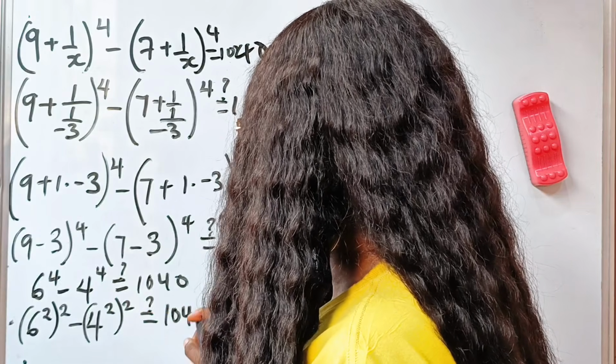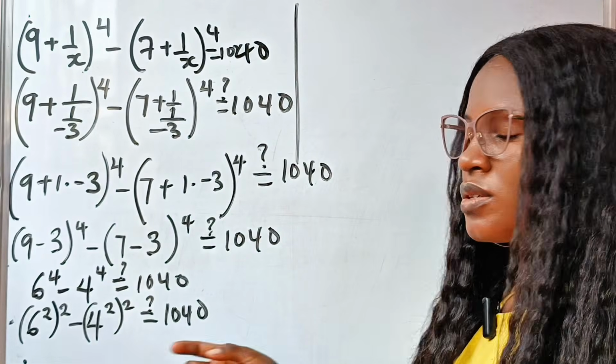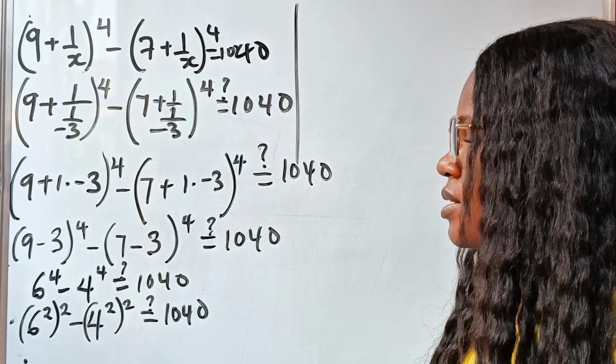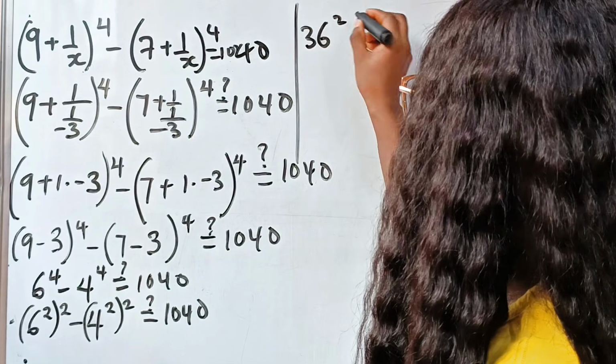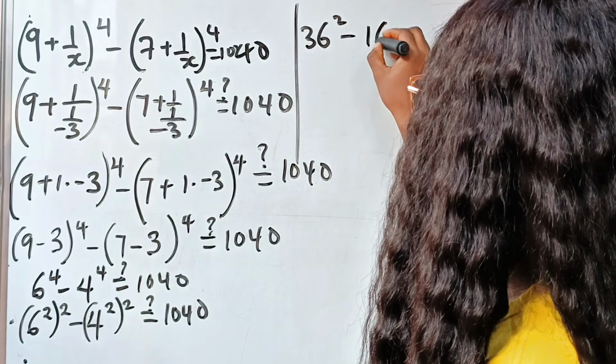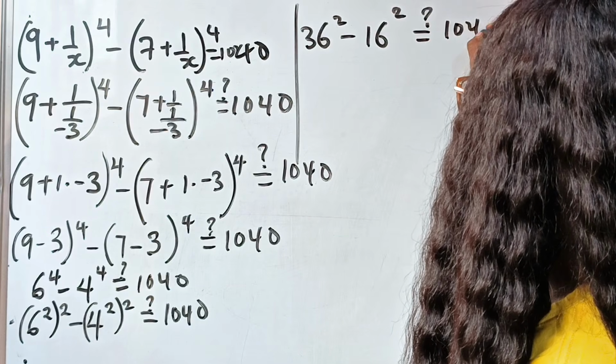Is this equal to 1040? I don't have calculator with me, which is why I'm doing this way, okay? Now, 6 squared is 36. So we have 36 squared, right? Minus 16 squared. Now, is this equal to 1040?